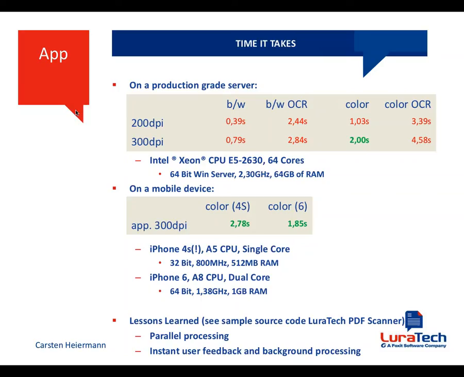Both of them are very powerful, and you see that the iPhone 4S is slower than our server, 2.78 seconds per approximately 300 dpi image. But on an iPhone 6, guess what? It's even faster than our server-grade CPU, 1.85 seconds, below 2 seconds.